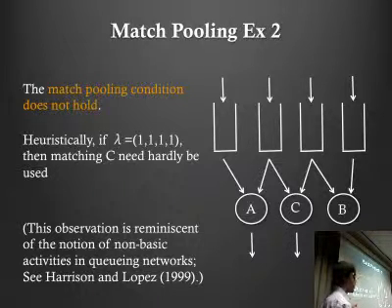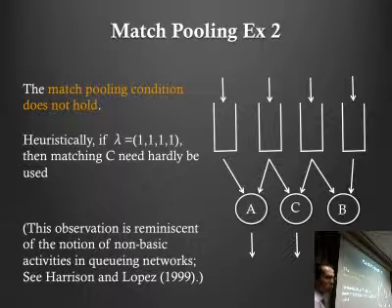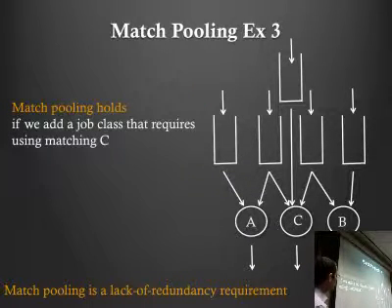And at least in this first order sense, I don't have to use matching C. So I could almost remove C from the system. It's not entirely true because I might use C for the second order, the square root of n variability, but in first order I could ignore C. So this very simple example is actually not covered by our results, which you might find disturbing, and it relates to some phenomena that is known in queuing theory.